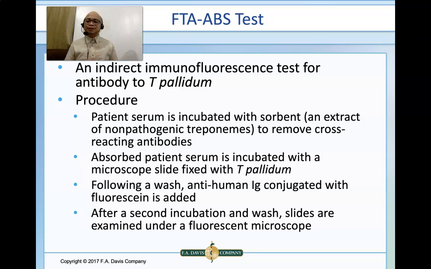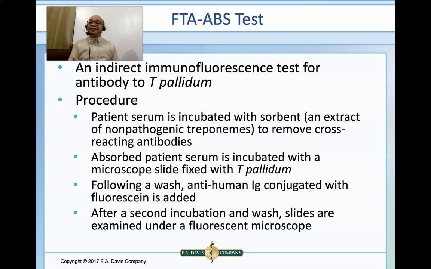Then you do the washing procedure so that you remove any unconjugated particles, and then we add anti-human immunoglobulin conjugated with fluorescein. This anti-human antibody will bind at the Fc portion of the patient's antibody.